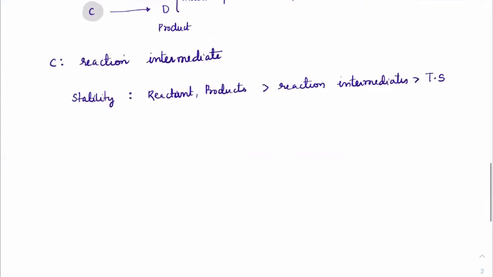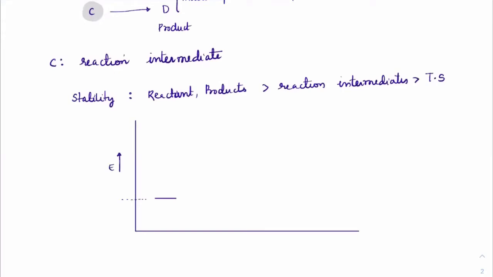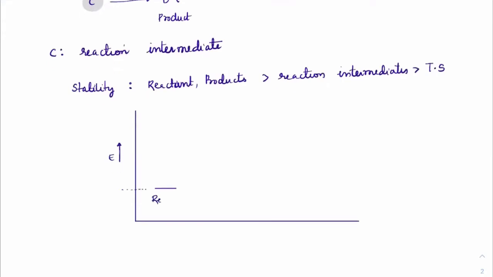Now, if I have to show this in a plot, how does that look? So imagine here we have reactants. This is the energy of the reactants, the potential energy of the reactants. From the reactants, let's say first it has gone to some new state here. From there, maybe it has gone to another state like this.